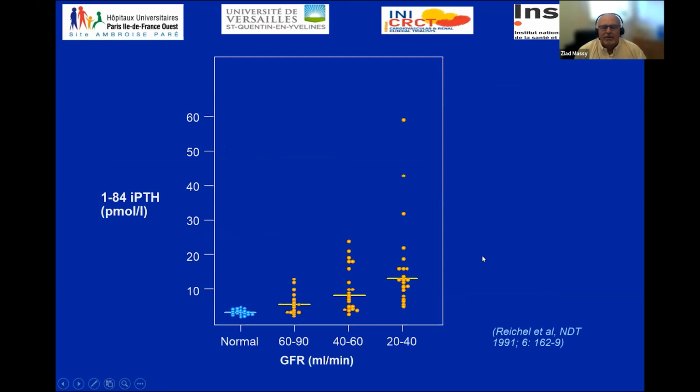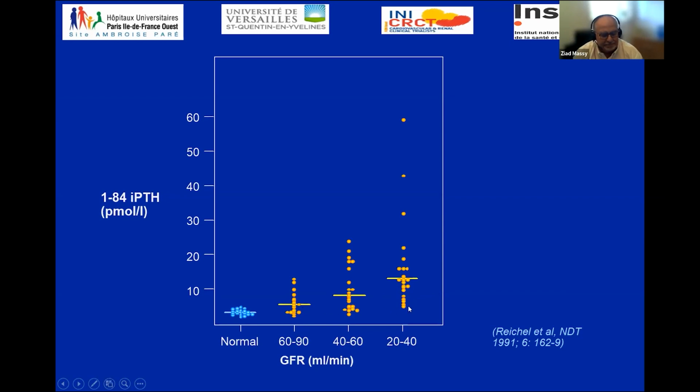All of you are aware that once the GFR decreases, there is a gradual increase of the level of PTH. Actually, the PTH increases in an important manner in CKD stage 4 and 5, where before there is only a slight increase.